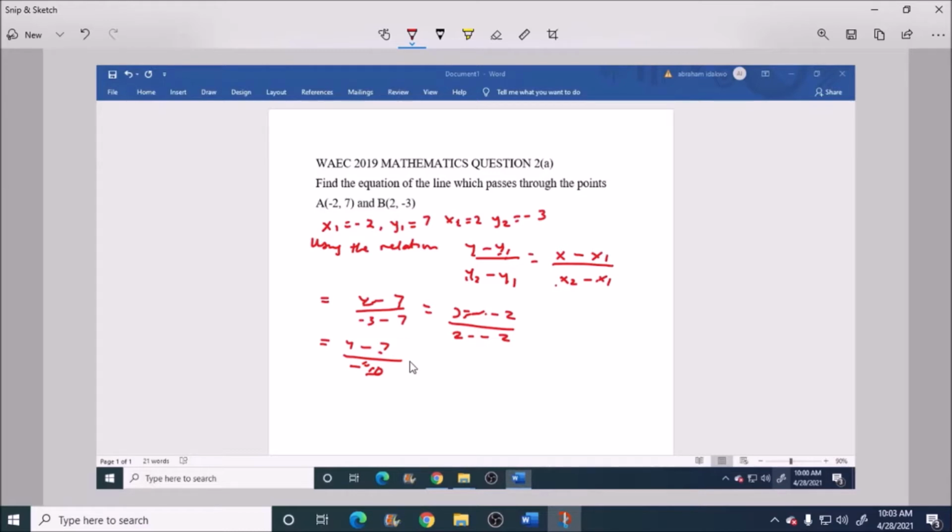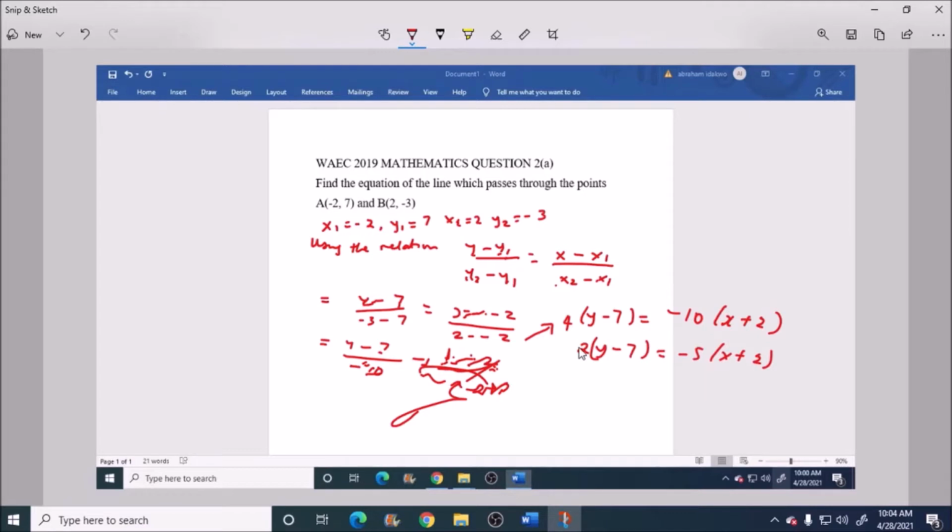We have 2 into y minus 7 equals to minus 5 times x plus 2. We divide by 2, so we have 2y minus 14 is equal to minus 5x minus 10.